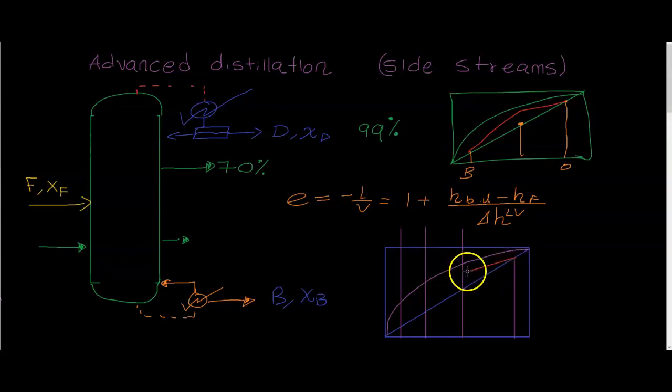To this point, for instance, right here, and then from this point we are going to move here, for instance, and then from this point we're going to be at this bottom concentration, and then we can say, of course, it's assuming that we have boiling liquid for both feeds, right?